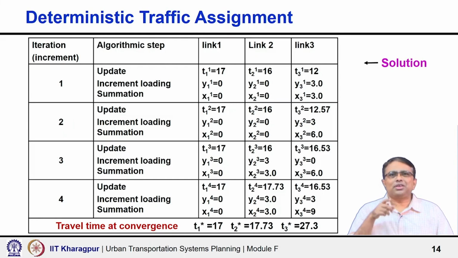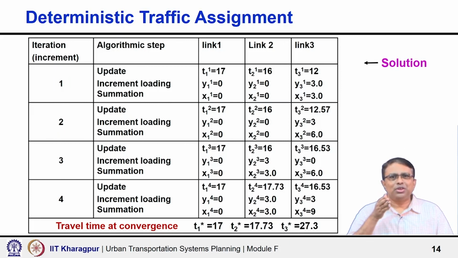Now, the travel time of link 1 remains unchanged, because no load has been assigned, so it remains the same throughout the iterations, but link 2 travel time becomes 17.73 and the third route, link 3, remained as 16.53.